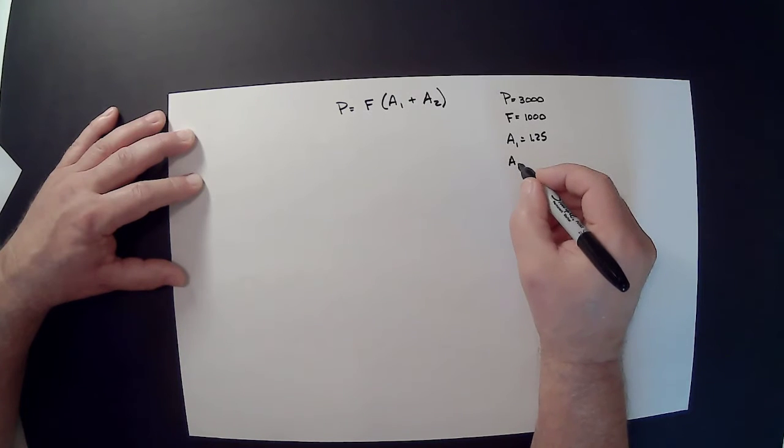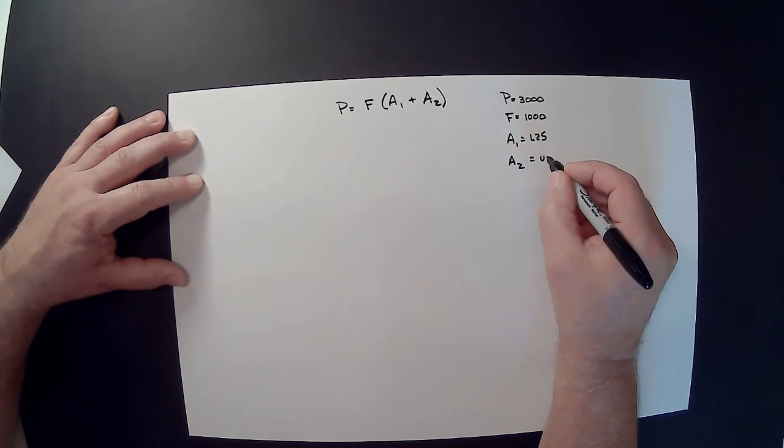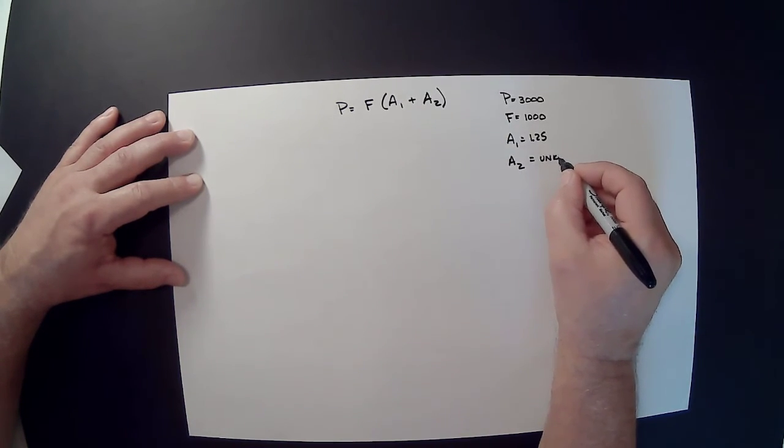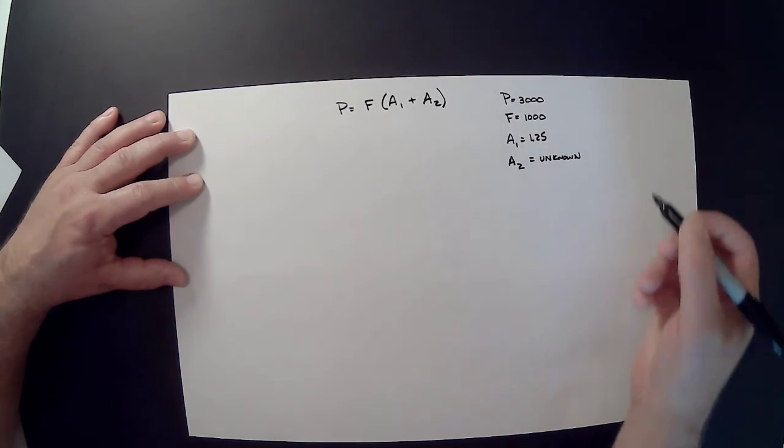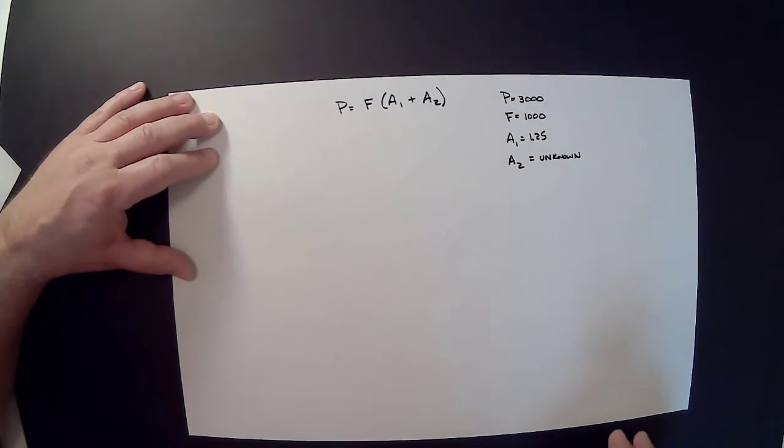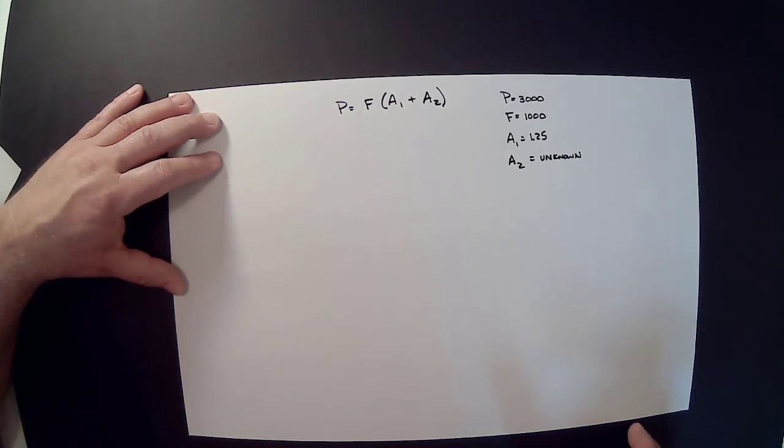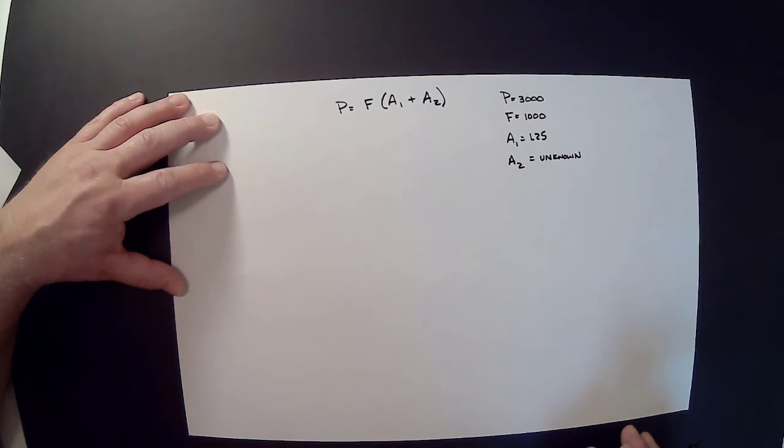And the unknown is A2. So our goal is to get A2 on the right side of the equal sign by itself.